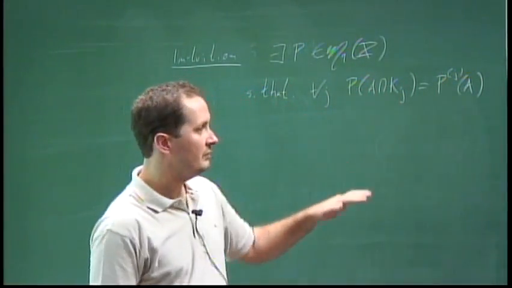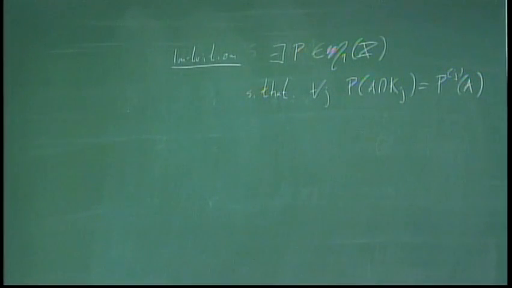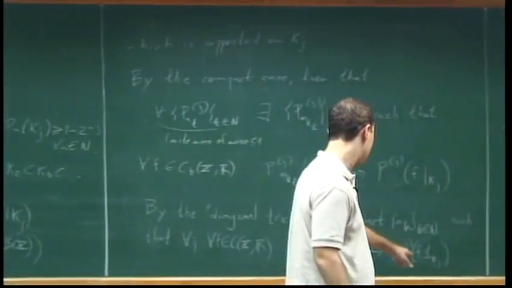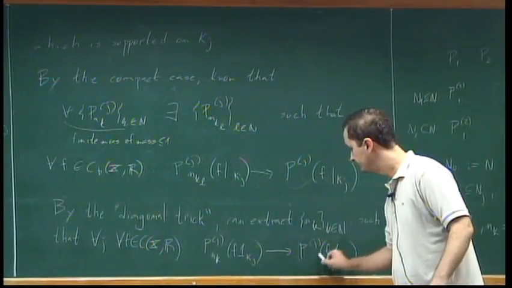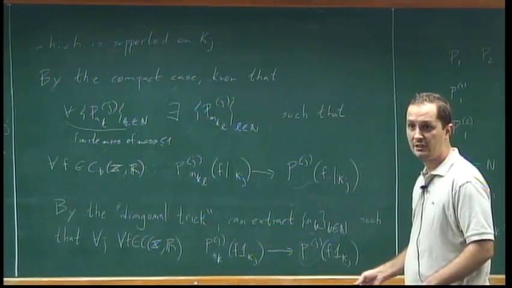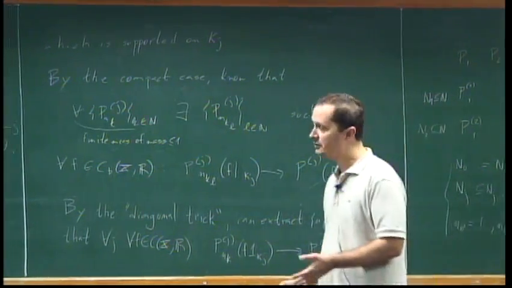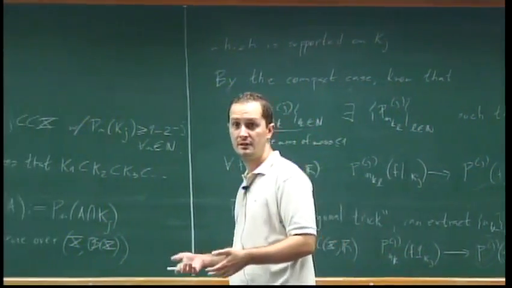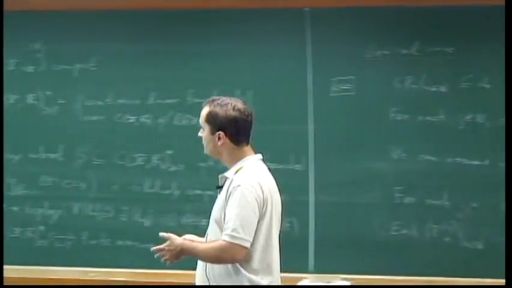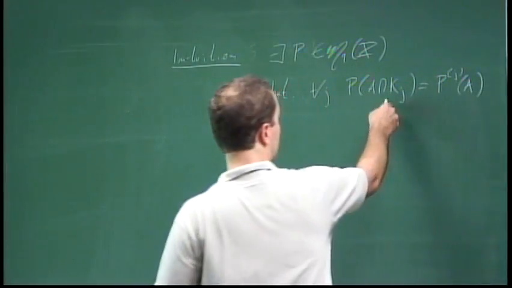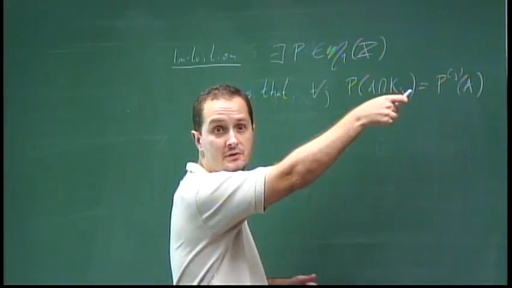right, so I remember I defined a measure for each compact set. So a sequence of measures for each compact set. Now for each compact set, I obtain a limiting measure. Right? But I don't want to obtain a measure for each compact set. I want to obtain a measure for the whole space. And the intuition is that this measure of the whole space is such that when you restrict it to each compact set, you get the measure corresponding to that compact set.